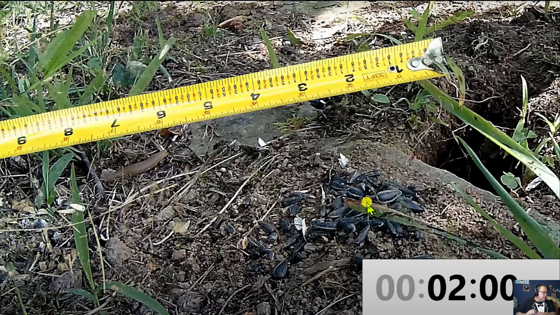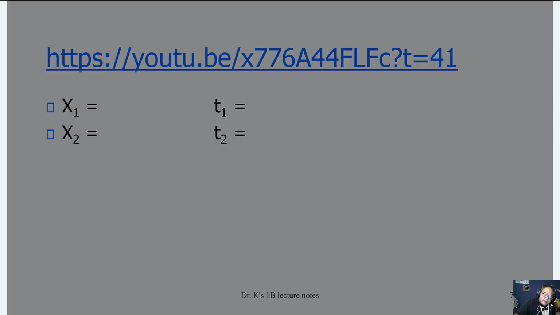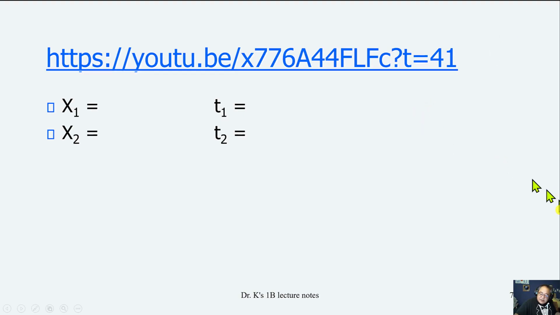Okay, so let's go back to our lecture and plug those numbers in. How do I have this organized? I have time on the right, and x, the distance, on the left.